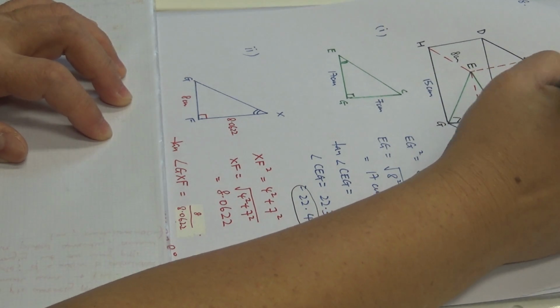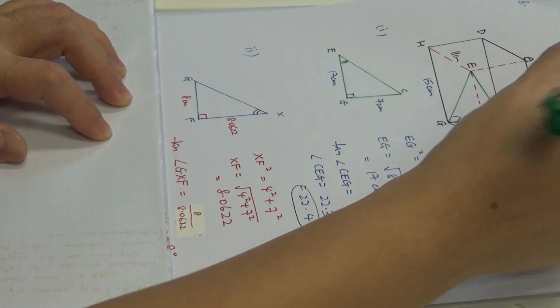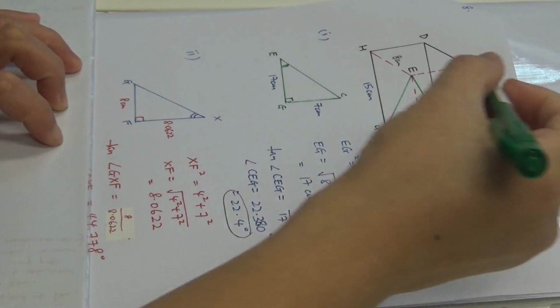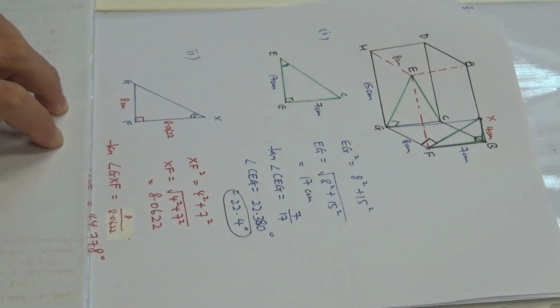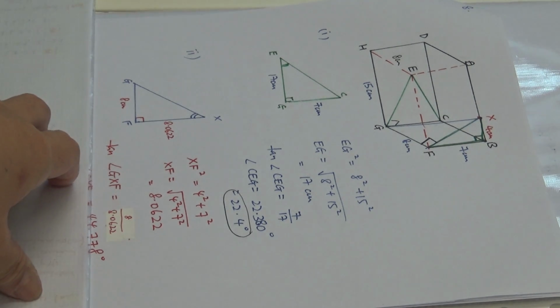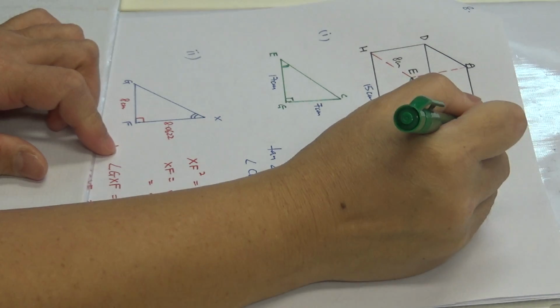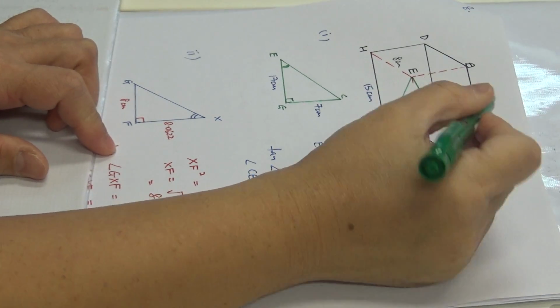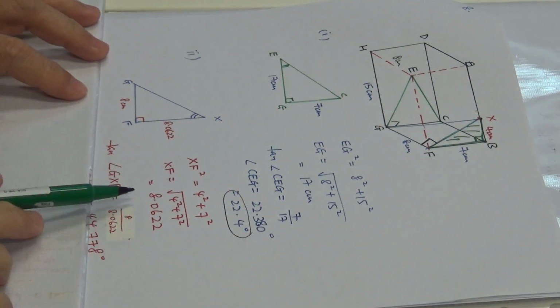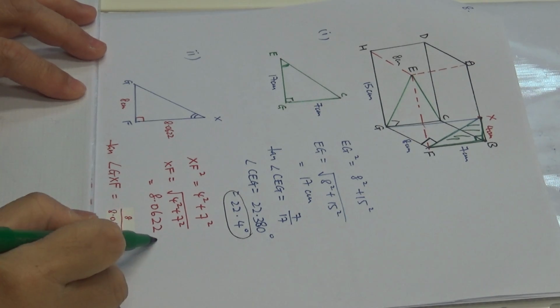Can you all look at this particular triangle here? This particular triangle is 90 degrees at B. So if we look at this particular triangle, I can use Pythagoras Theorem to find XF. So it's 8.0622.